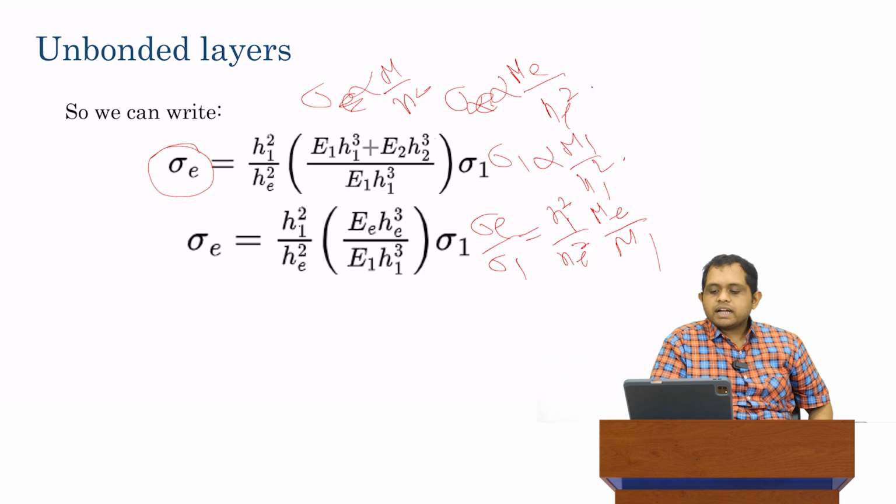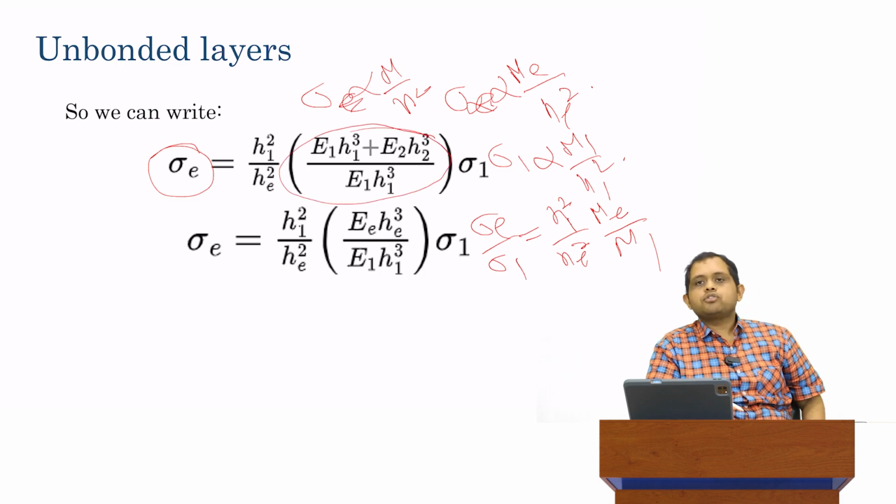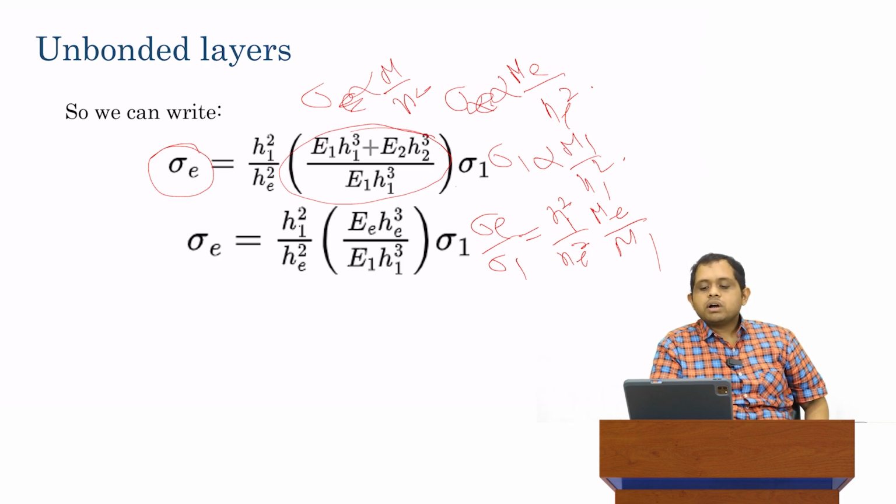If we substitute that, we get this formula: sigma E is equal to h1 squared over he squared, times e1 h1 cube plus e2 h2 cube divided by e1 h1 cube, times sigma 1. But you will note we had previously defined e1 h1 cube plus e2 h2 cube as ee he cube.